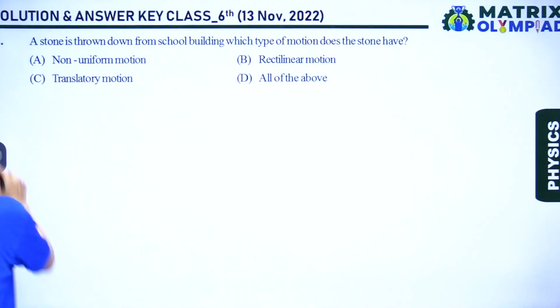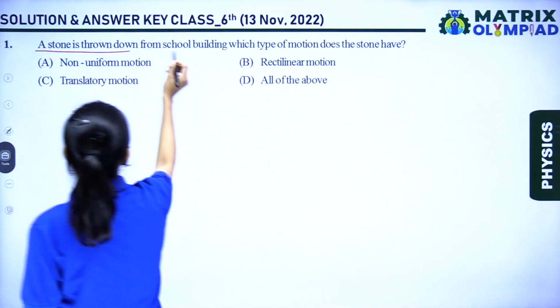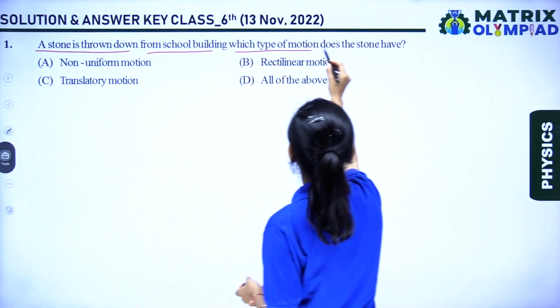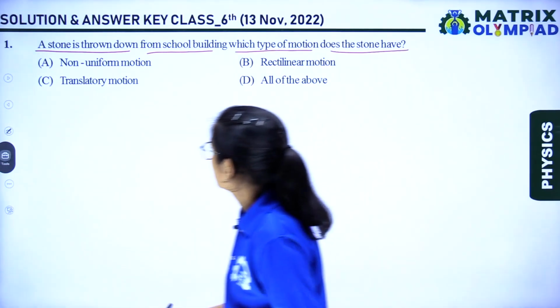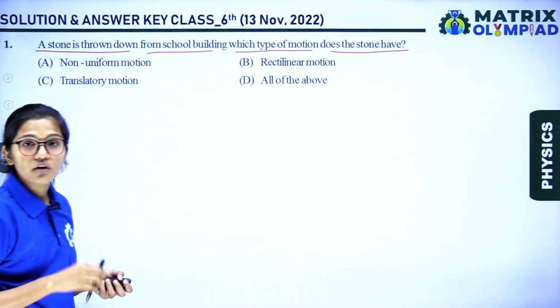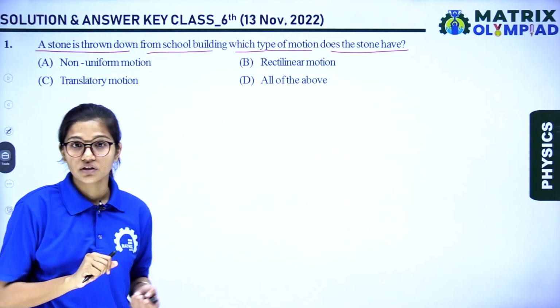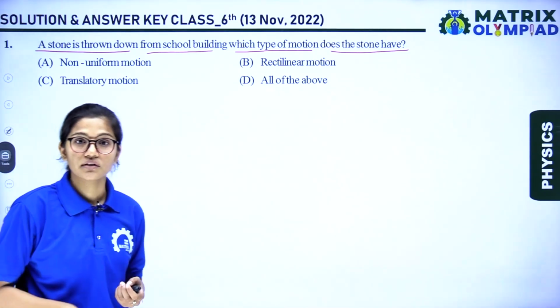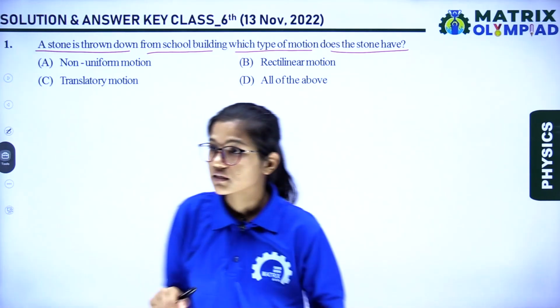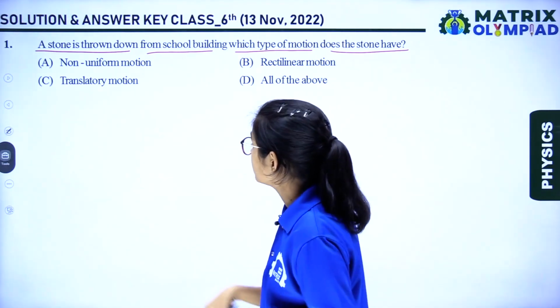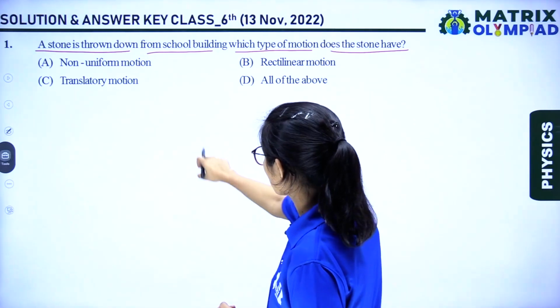In question number first, a stone is thrown down from a school building. Which type of motion does the stone have? If we just drop an object from a height, due to gravitational force that object just falls downwards, and in this the gravitational force is applied, so that is not a uniform motion.